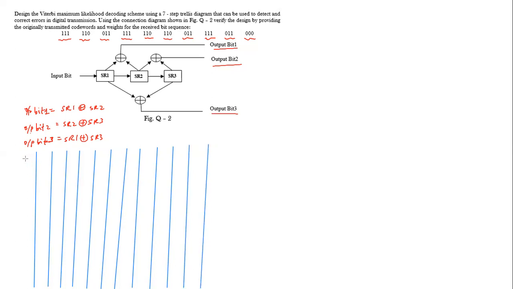So let's say we have our header here. Then, so we have about 16 possible code words. So let's see if we can have about 16 lines here.